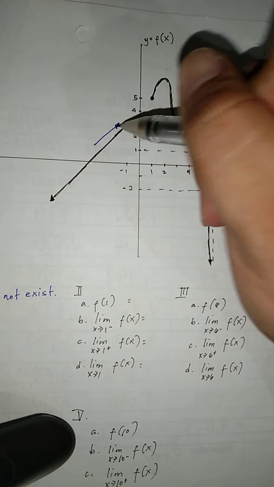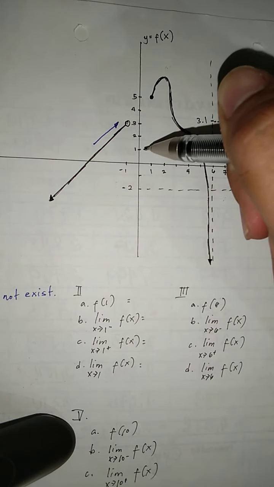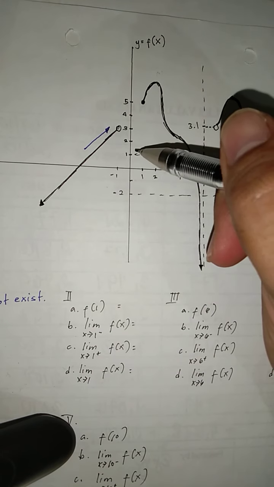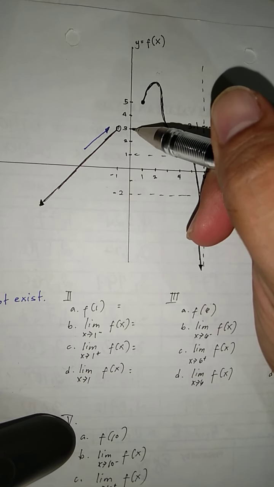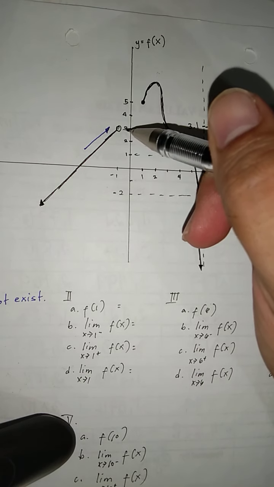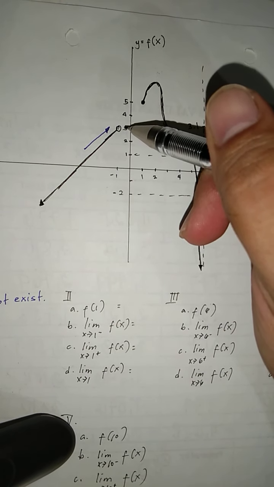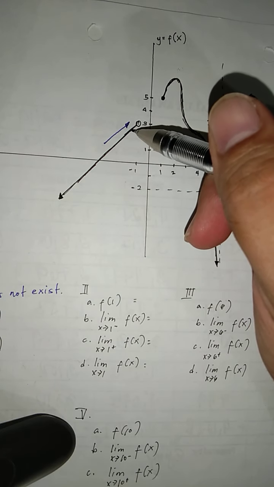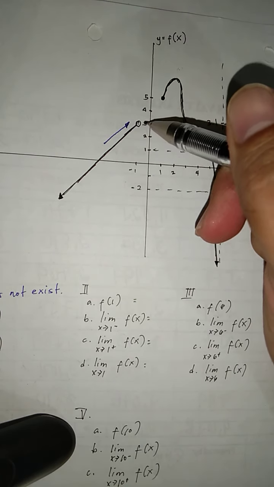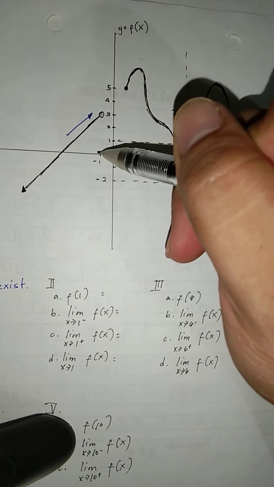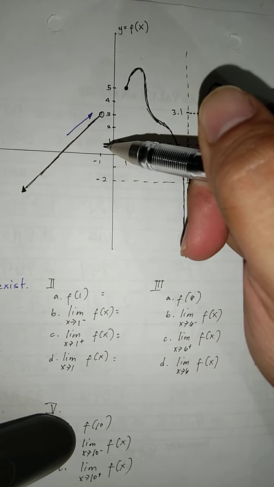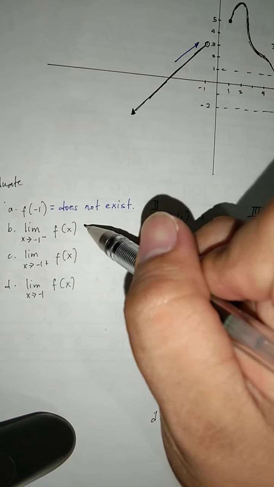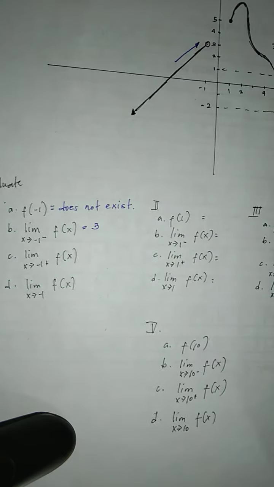As the values of x get closer to -1, the value of the function y equals f of x also comes close to the value of 3. Although at the exact point it doesn't have any value, the line of the graph indicates that it is coming closer and closer to 3 as it approaches -1 from the left. So our answer at letter B is equal to 3.